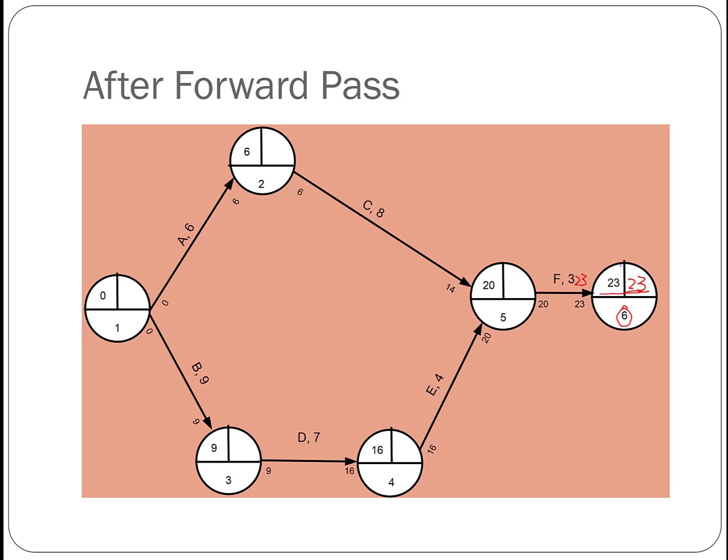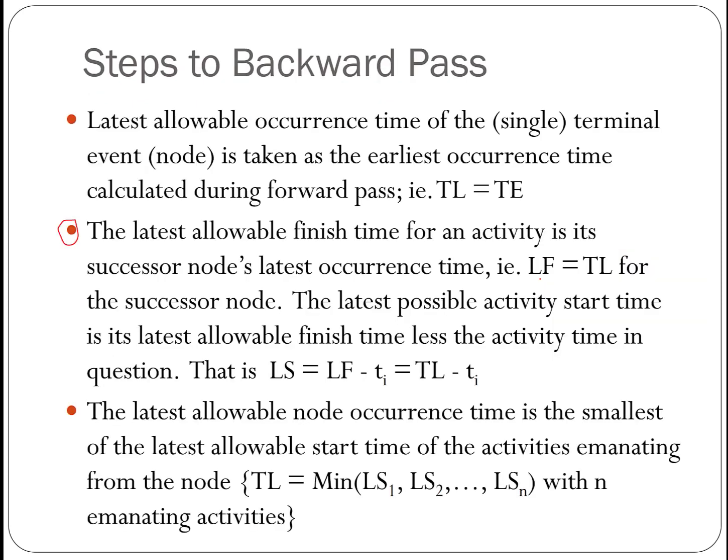This event indicates the completion of activity F. And since the latest time is 23, this 23 comes here to be the latest finish time of our activity F. And then to calculate the latest starting time of F, we use this 23, subtract this 3 here, because if we have to finish activity F by day 23, and it takes 3 days to complete F, then we have to start F by day 20. This is what it meant here.